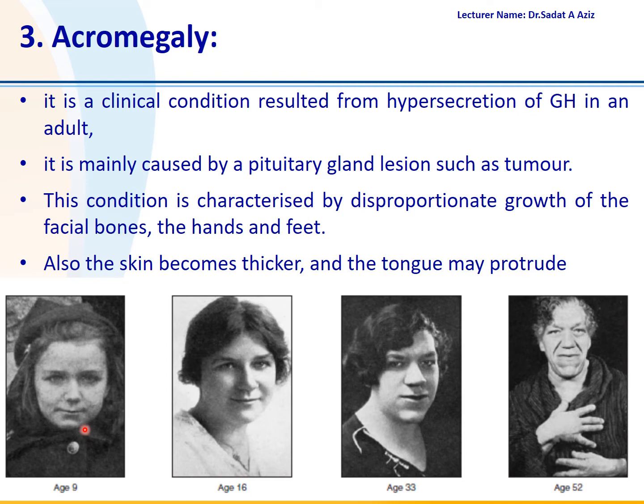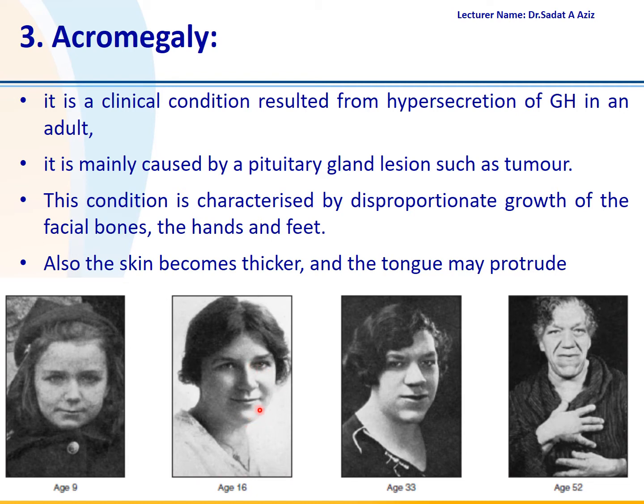So if you have a look at these photos, this girl at age 9 looks very happy and she's quite beautiful, but at age 16 the condition started to appear. If you have a look at the growth of the nose compared to the same girl at age 9, and the forehead also started to grow more.